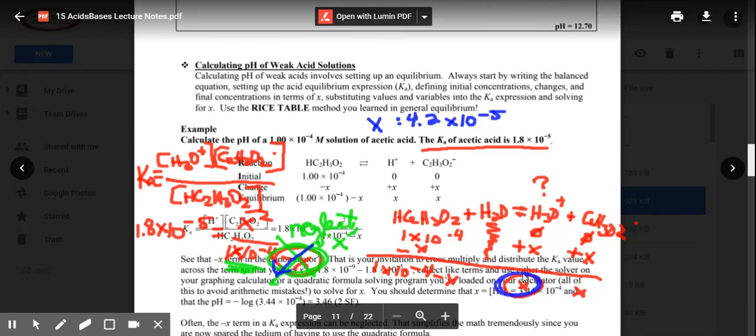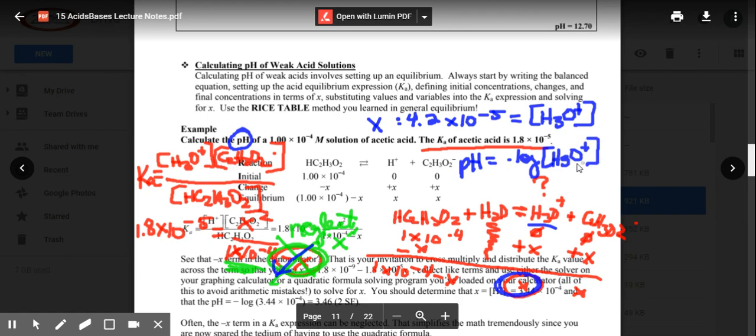X, if you remember, is the amount of the hydronium ion at equilibrium. So it is equal to the concentration of H3O plus. Now, this isn't answering our question, it's just helping us answer our question. The question is, what is the pH? Well, if I know this concentration, I can figure out the pH because pH is equal to negative log of H3O plus concentration.